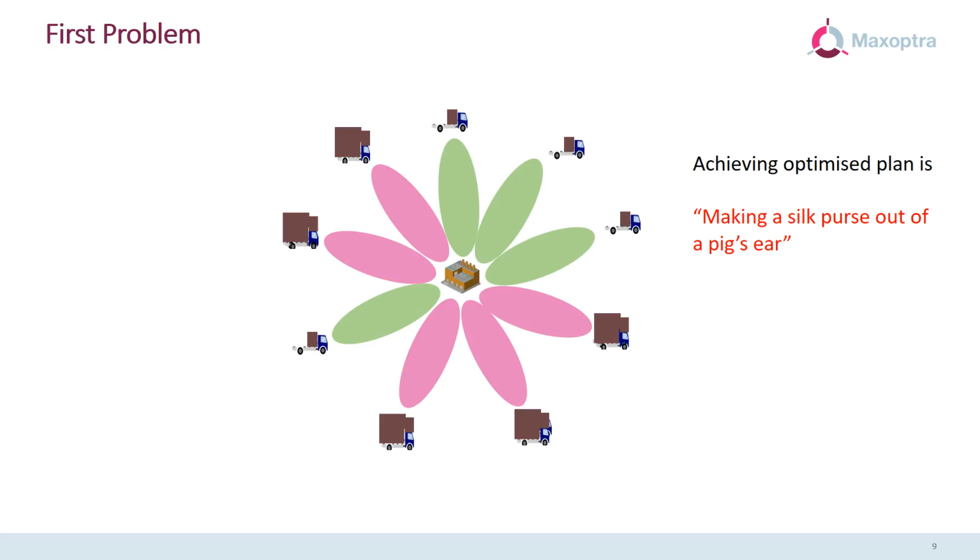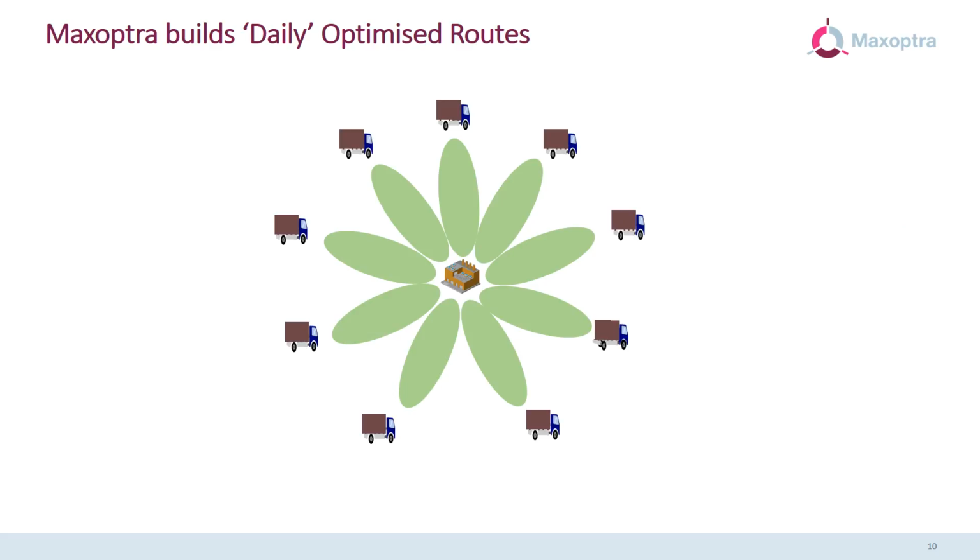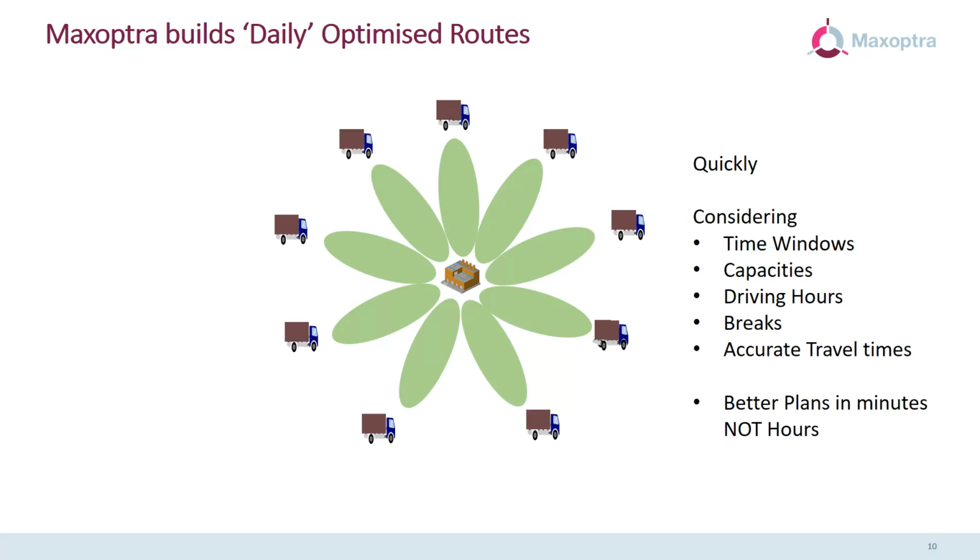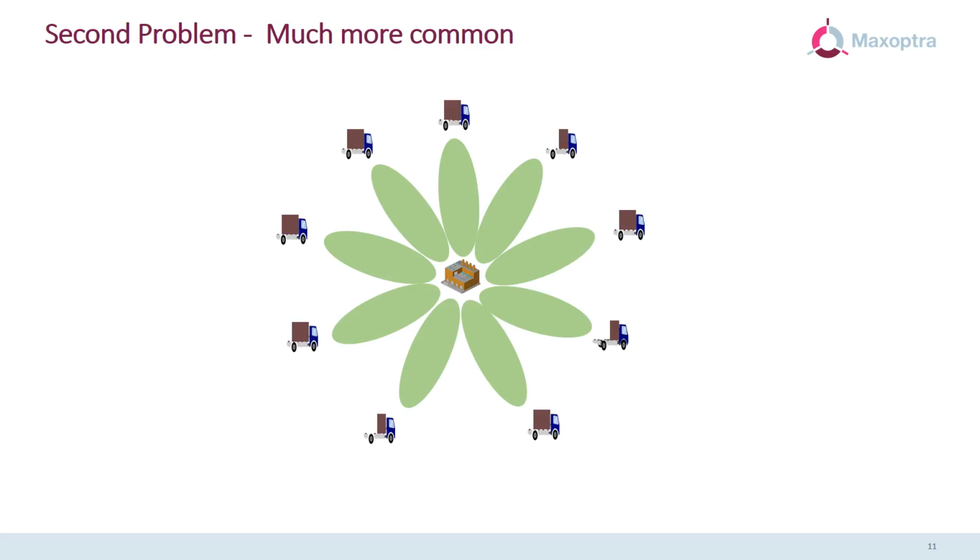And I end up trying to do what we term making a silk purse out of a pig's ear. Maxoptra, in contrast, optimizes each route daily based on actual orders received, and it's a lot quicker, considers all the constraints, time windows, breaks, travel times, and it means you get better plans in minutes and not hours.